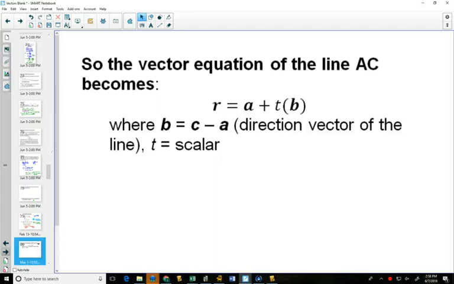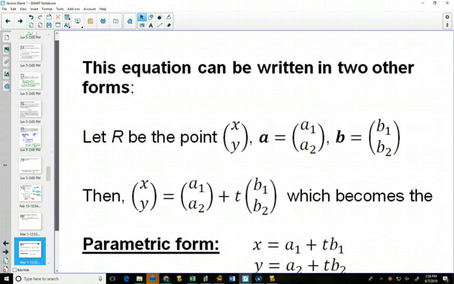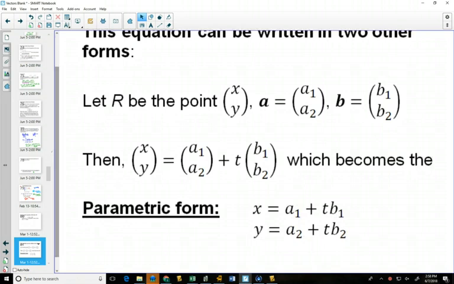So here's our vector equation of a line, and we change the c minus a just to a vector b, and we call it a direction vector. Now we can write it in that regular form, but we can also rewrite it with its components, and sometimes you'll see the components written separately.